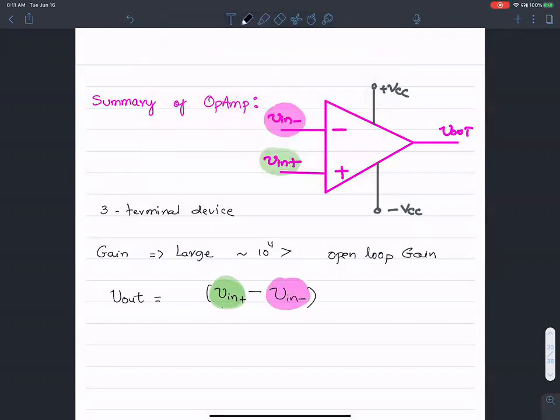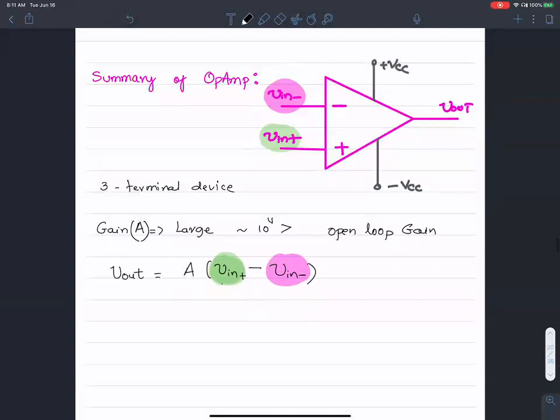So the output is a function of the difference between the inputs, multiplied by the gain. The gain is typically shown using A.